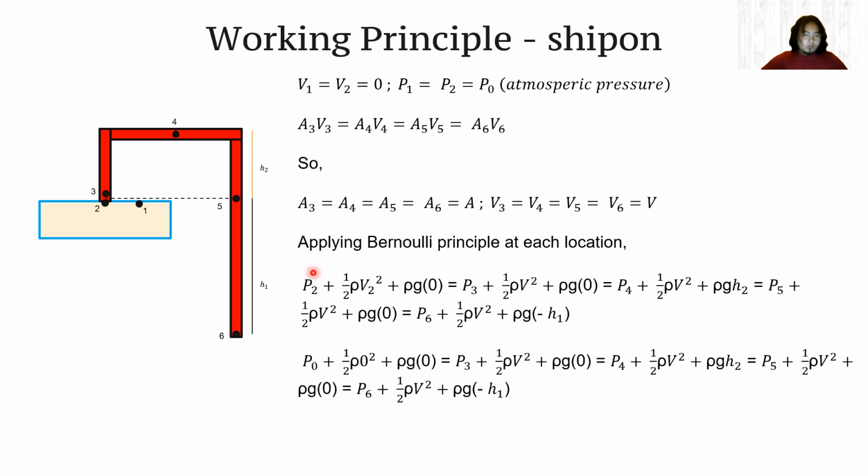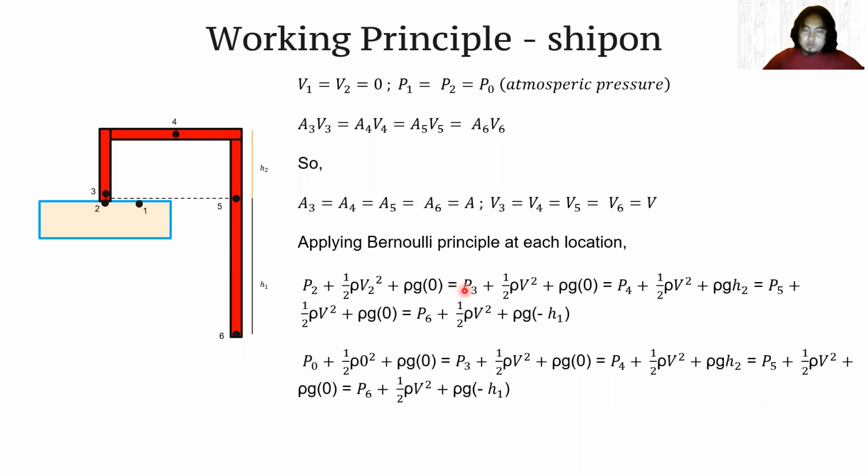Say it here: P2 plus 1 over 2 rho V2 squared plus rho g times 0. Why is this 0? Because location 2 is located very near to the reference line. This is the reference line, therefore we can assume it to be 0.